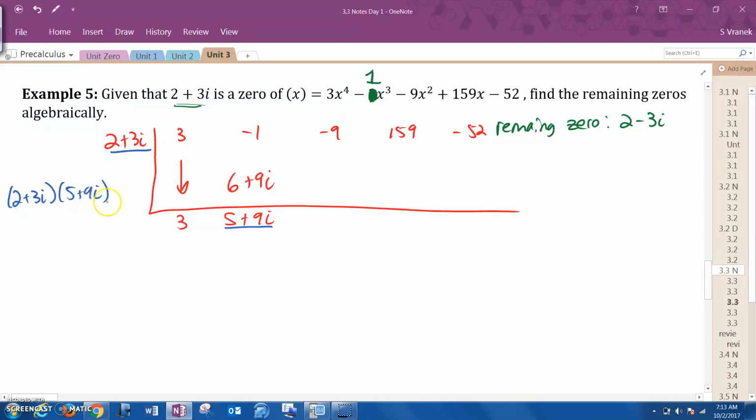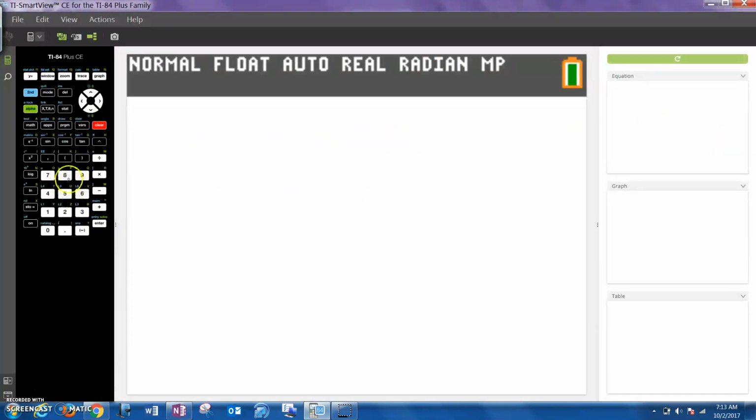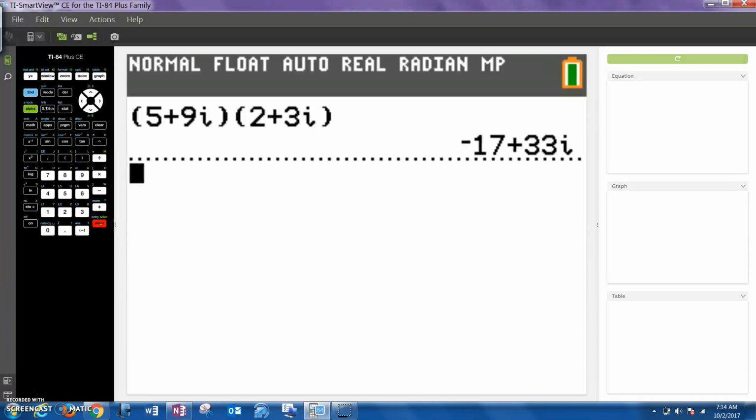When you need to multiply 5 plus 9i and 2 plus 3i, let's go to the calculator. You do parentheses 5 plus 9, and then to get an i, it's second decimal point. Then it's 2 plus 3 and then second decimal point. When you type that in and hit enter, it FOILs it for you.